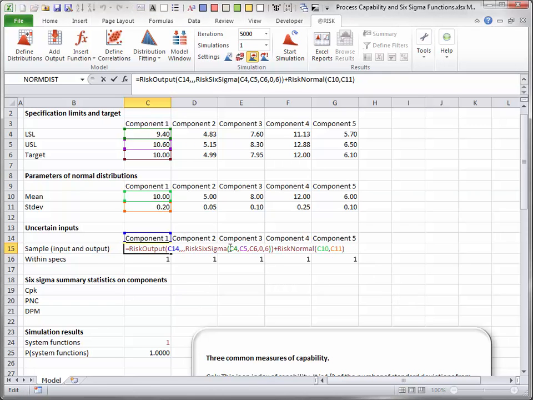There is the RiskSixSigma function, which has been tacked on to the RiskOutput function. And because I made all the addresses relative, I can copy across.